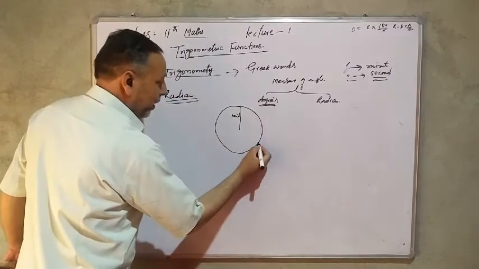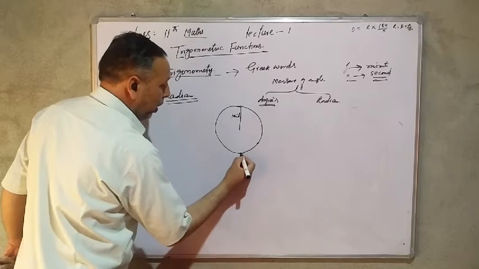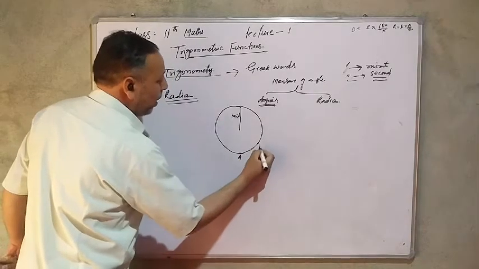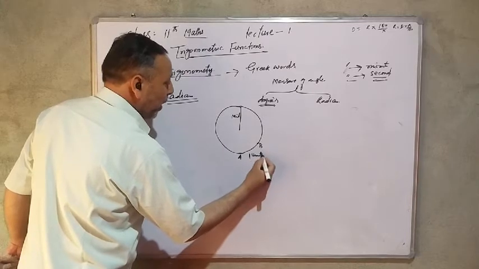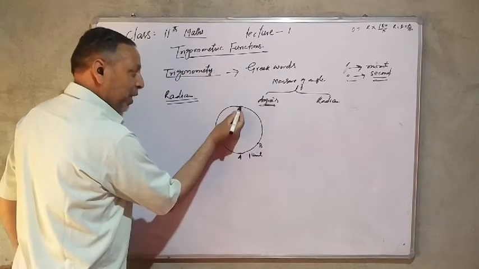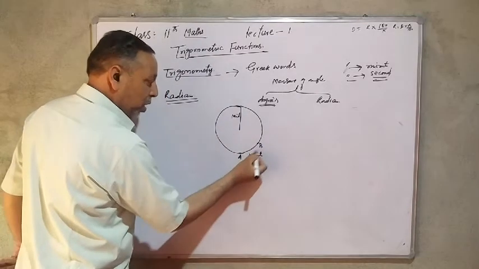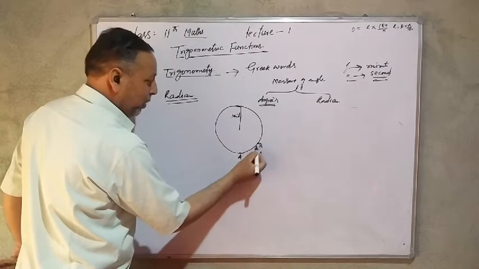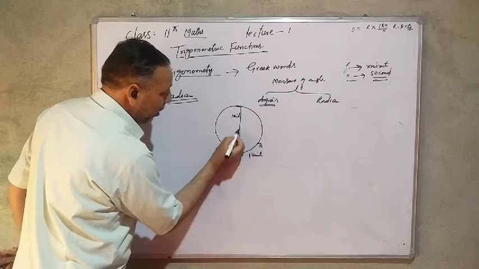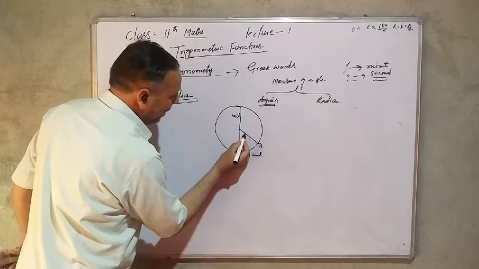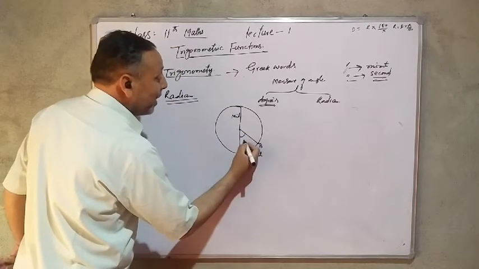Then take an arc of the same length. Let AB be the arc of the same length. Same length here means 1 unit, because the radius of the circle is 1 unit. The angle which this arc makes at the center is known as a radian.